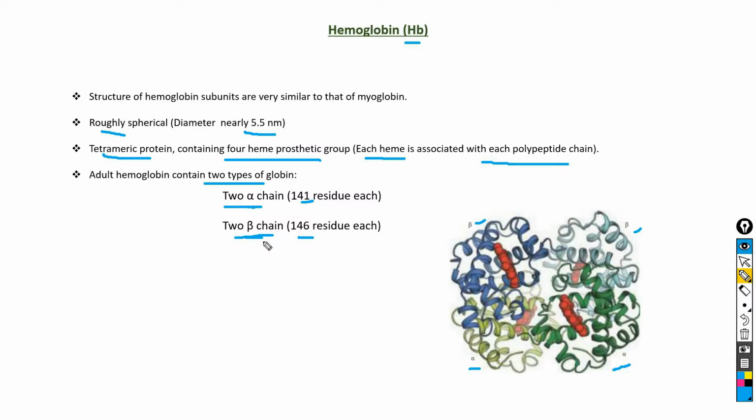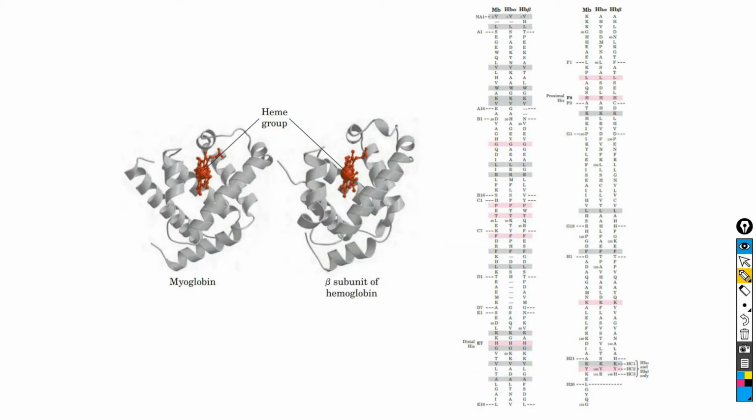Although fewer than half of the amino acid residues are identical in the polypeptide sequences of the alpha and beta subunits, the three-dimensional structures of the 2 types of subunits are very similar. If you see the amino acid sequences of the myoglobin polypeptide chain, hemoglobin alpha polypeptide chain and hemoglobin beta polypeptide chain, there are only 27 positions where the amino acid sequences are identical.